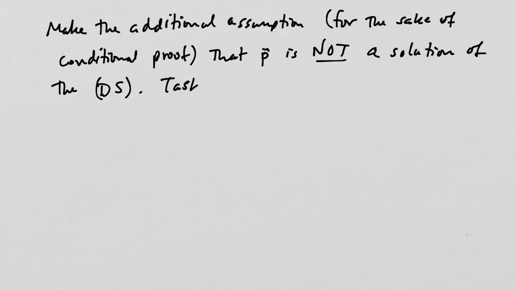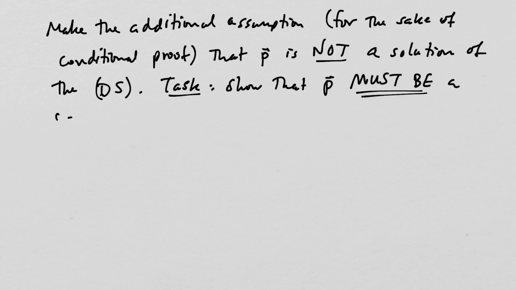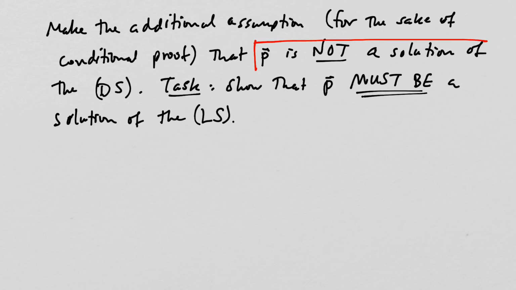And then our goal is to show that P must be a solution of the Lagrange system. And with that, we'll complete the proof. So we now have an additional assumption on our hands, namely that P is not a solution of the degeneracy system. So let's see what that really means.